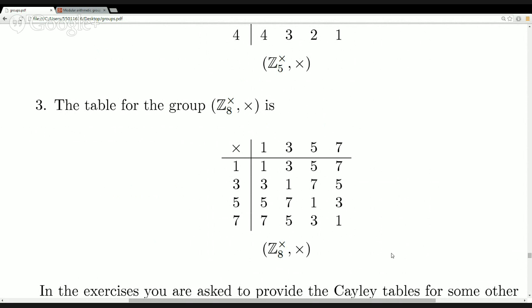But 3, when you look at all the powers of 3, 3 to the power 0 is 1, 3 to the power 1 is 3, 3 squared is 2, 3 cubed is 6, 3 to the power 4 is 4, and 3 to the power 5 is 5, and that's it. 3 to the power 6 will be 3 times 5, which you notice is back to the 1. You've gone through all of the elements of Z7 there. So Z7 is cyclic.